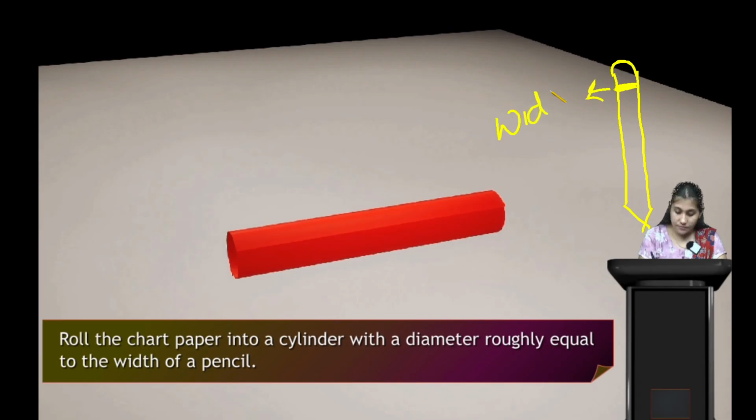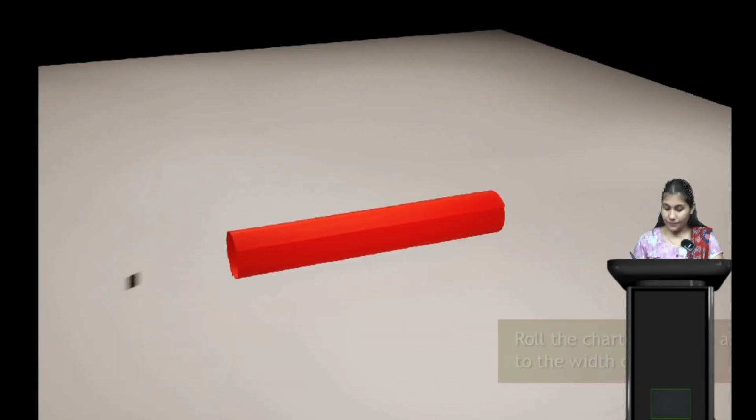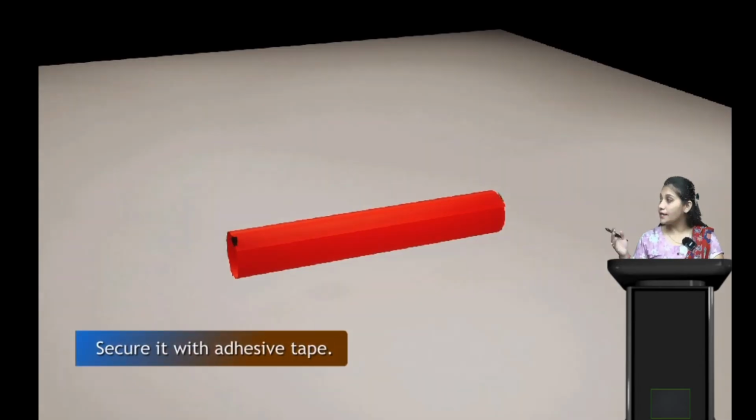Till this width of the pencil we will roll the chart paper. Then comes what? Secure it with adhesive tape, because when we roll the chart paper, one side remains open. To close that part we will tape the chart paper with the tape.